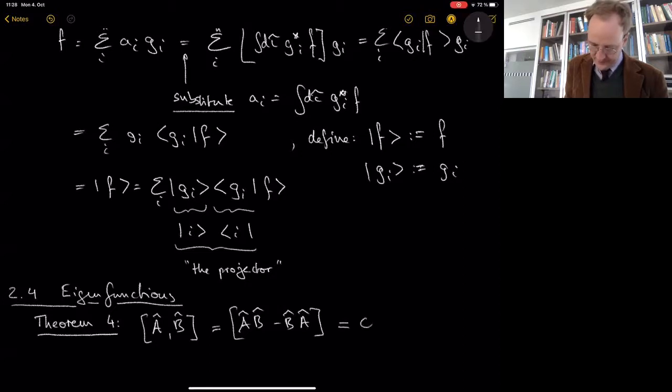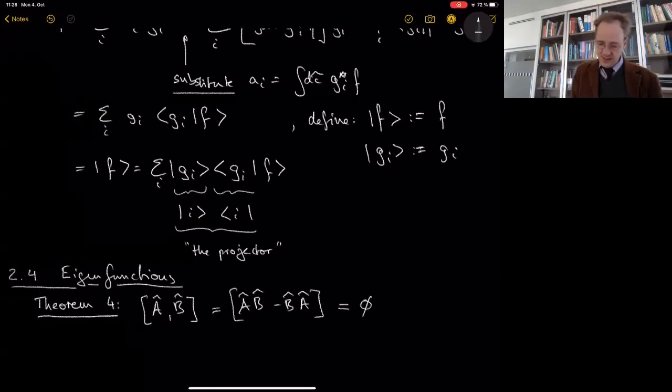And if the commutator is 0, right, so that is identical to saying the order with which you operate doesn't matter.